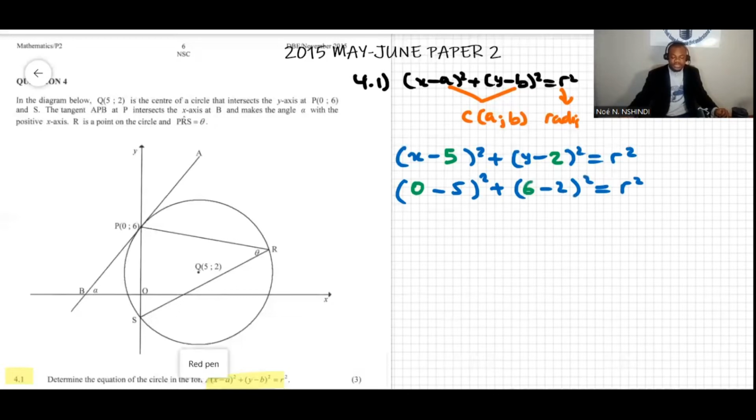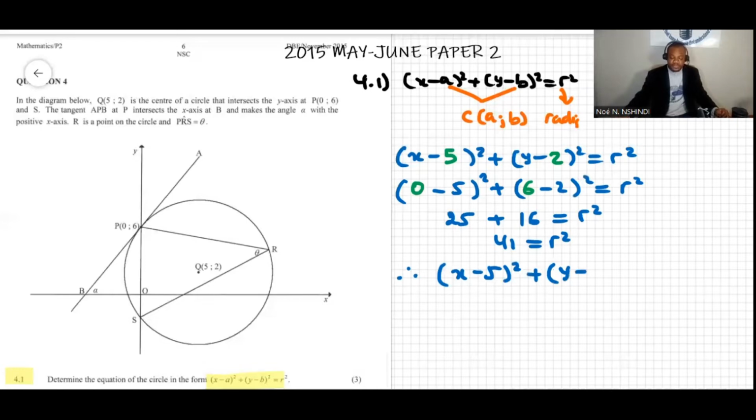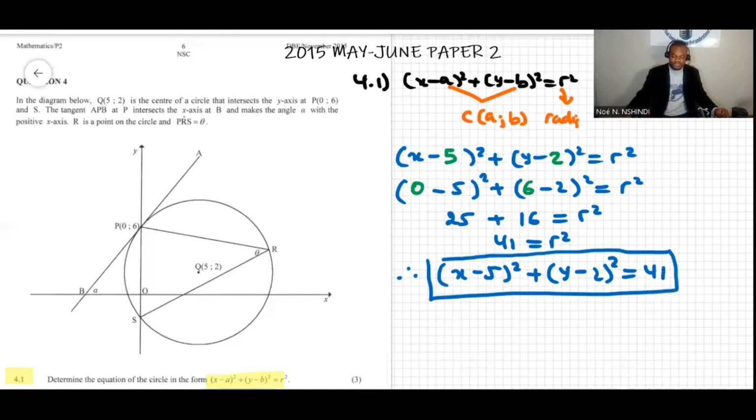So we get negative 5 to the power of 2, which is 25, plus 4 to the power of 2, which is 16, equals r squared, and 25 plus 16 makes 41. So r squared is equal to 41. Therefore, we can write (x minus 5) to the power of 2 plus (y minus 2) to the power of 2 equals 41. So this is the equation of the circle in the form that was given.